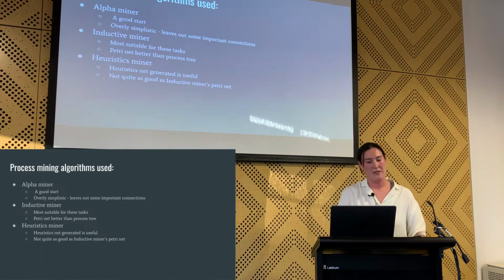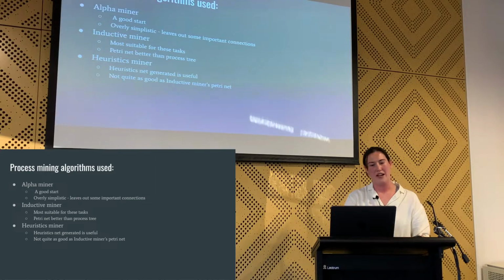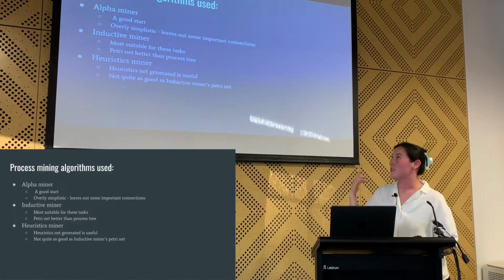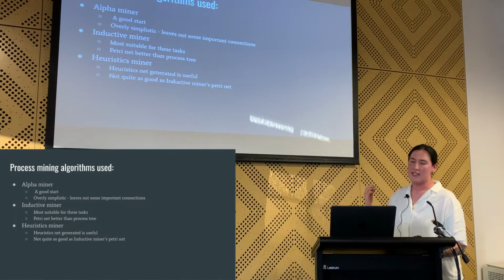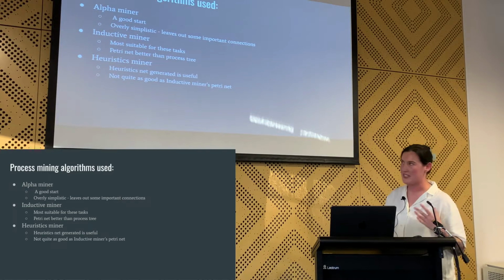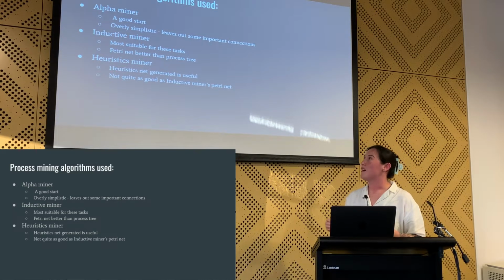So I'm going to touch on the specific algorithms I used when actually performing the process mining. So that's alpha miner, inductive miner, and heuristics miner. These are just three different mining algorithms. I used the ProM process mining software, that has these algorithms built in to process my event logs using these miners and generate the workflows.